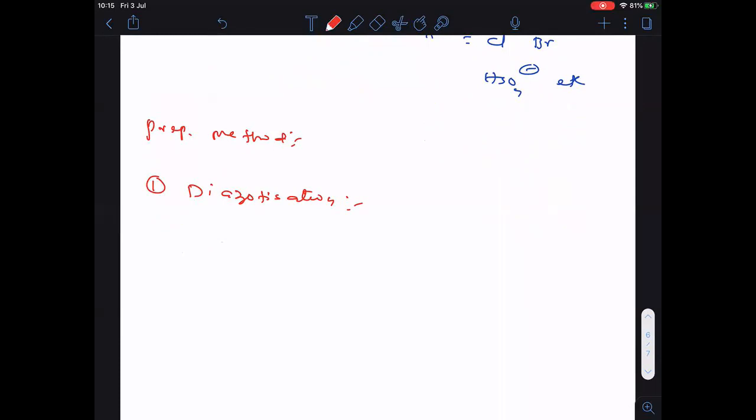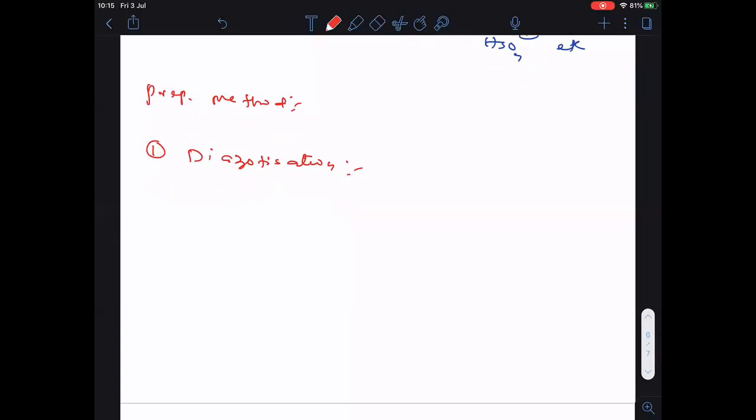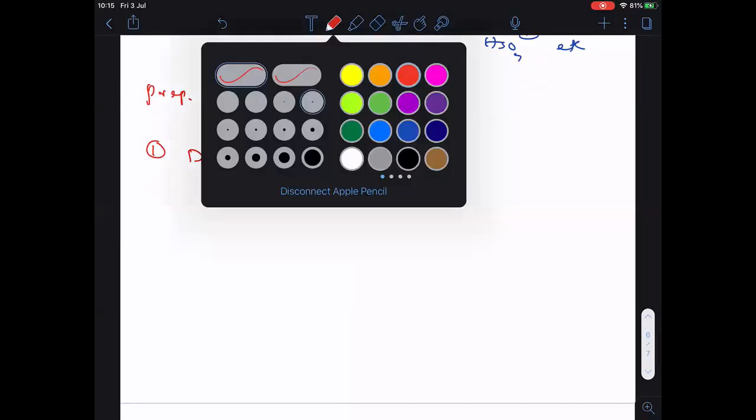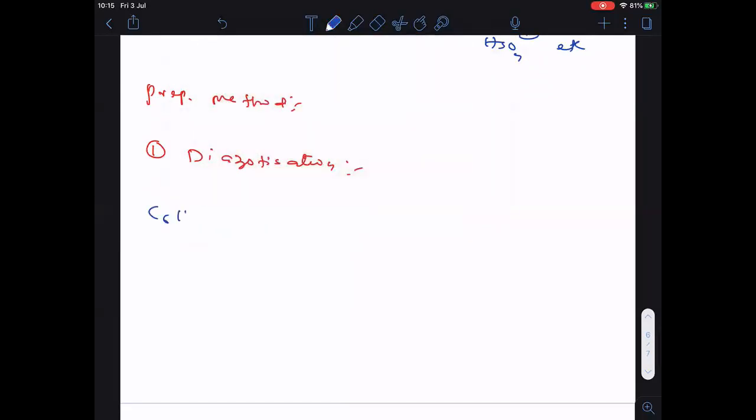Okay. Now, what is this diazotization? So here, let me write diazotization. Now, let me take aniline.